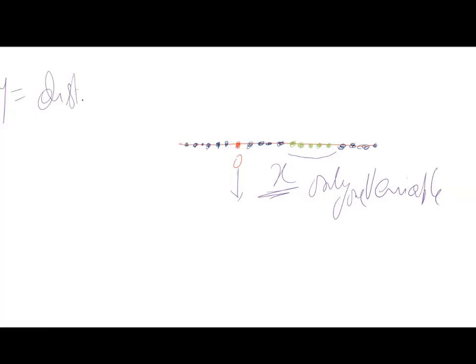Suppose you take this as the center point, so xi minus xc gives 1, minus 1, minus 2, something like this.